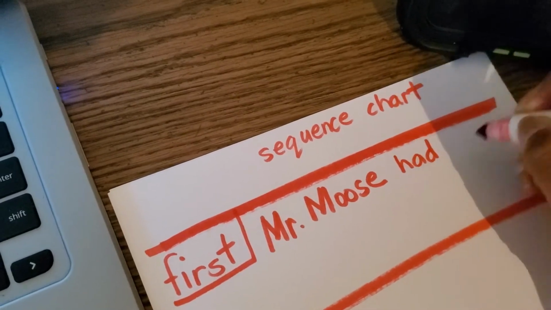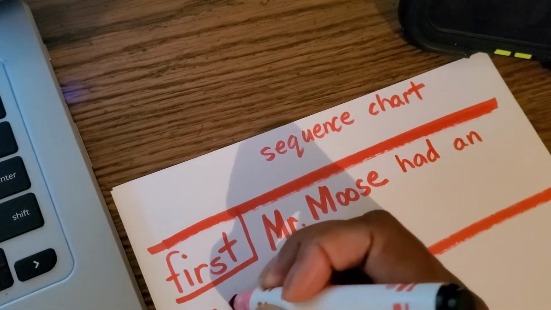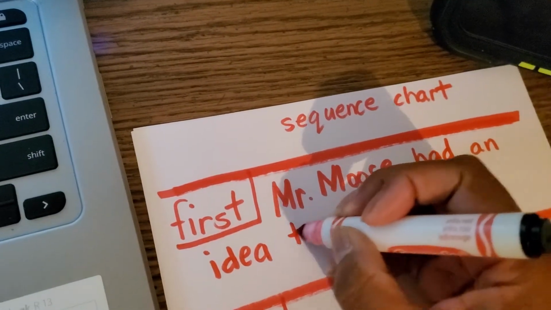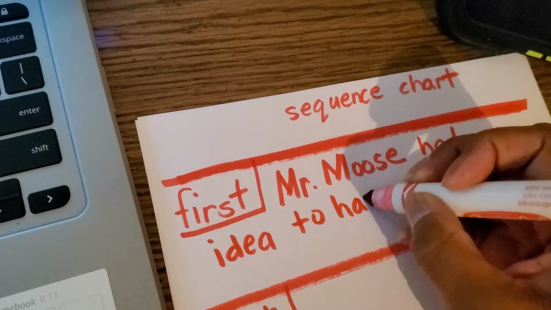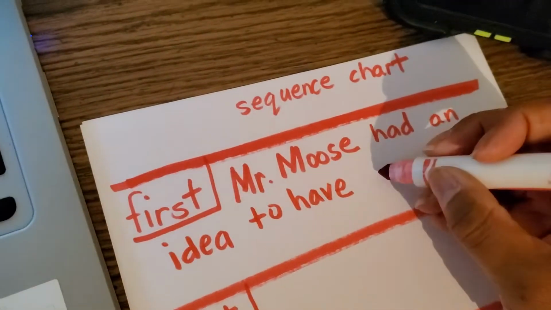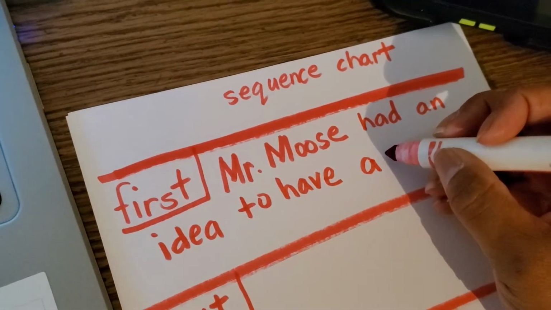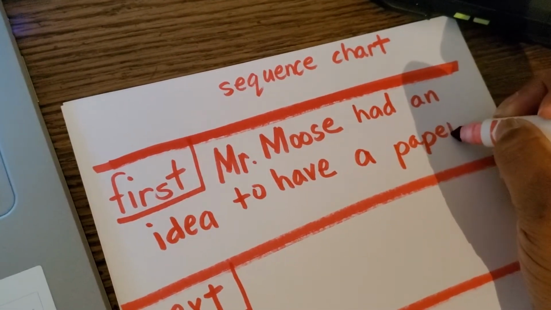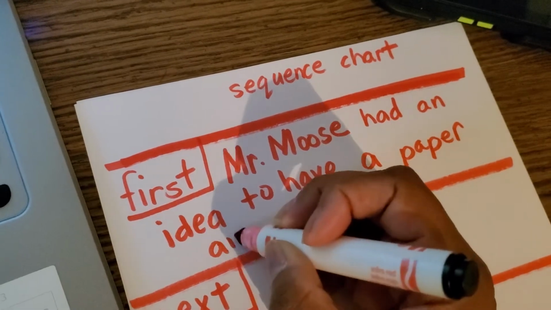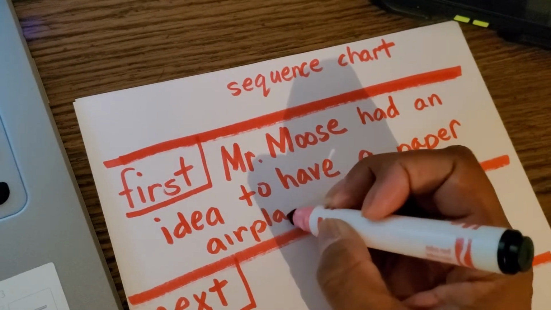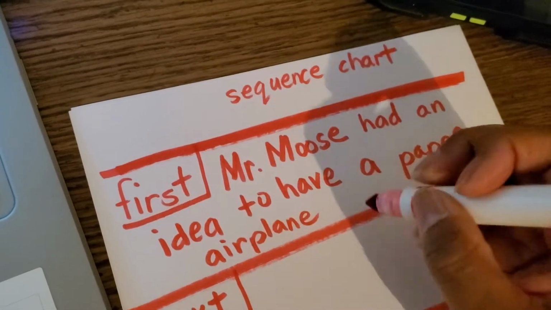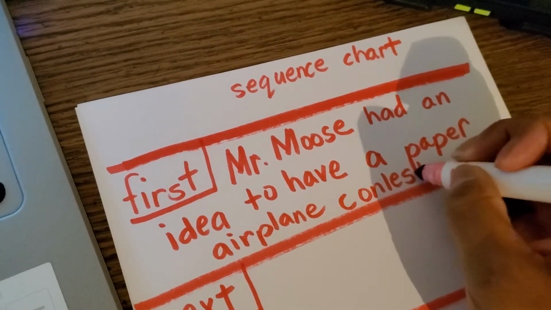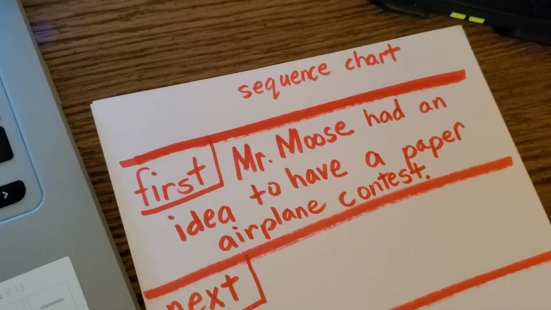had an idea or plan to have a paper airplane contest.